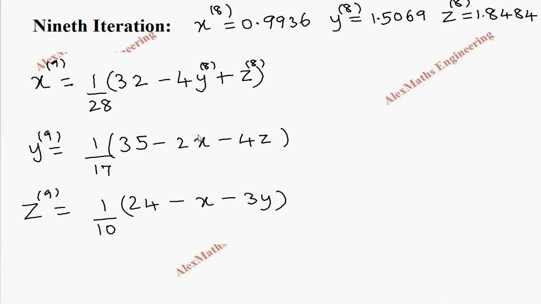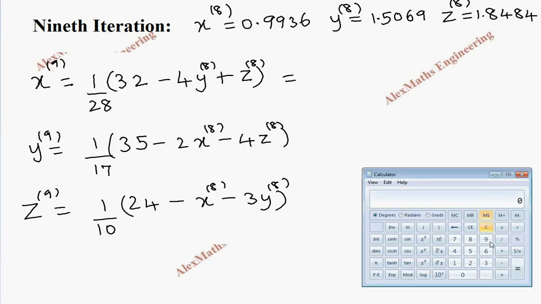So everywhere x, y and z, we have to write x of 8, y of 8 and z of 8. Now take the calculator. The first value: 32 minus 4 into y of 8, 1.5069 plus 1.8484. This whole value divided by 28.